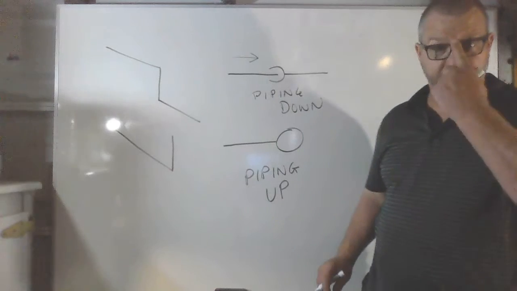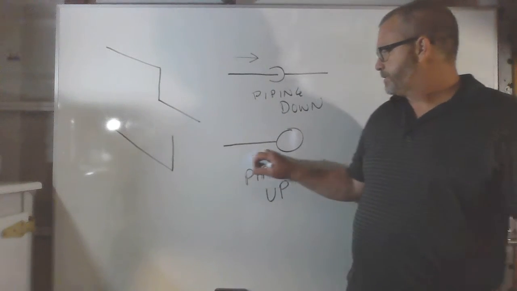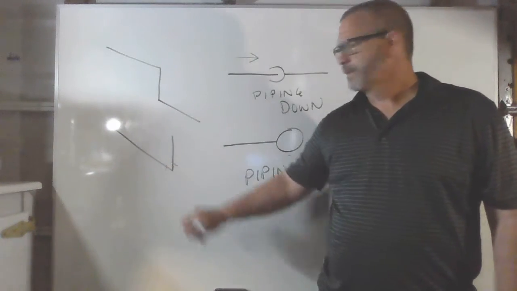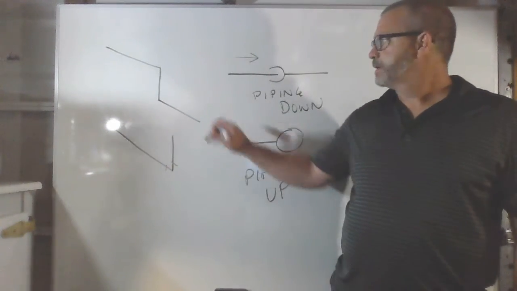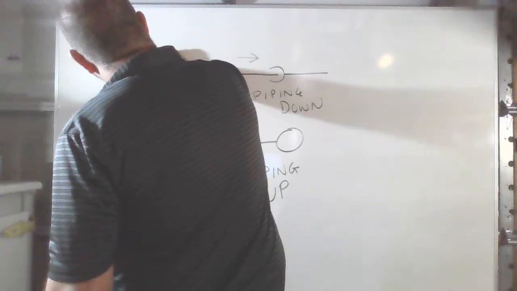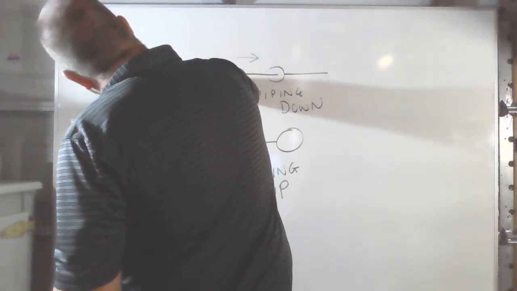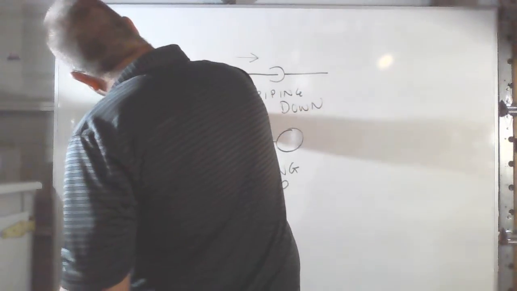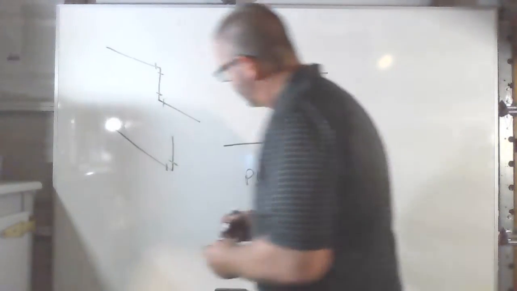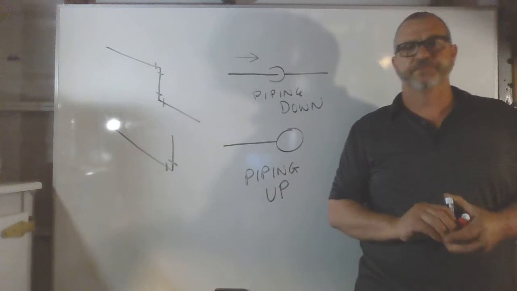Okay? This is just a 90 going up. It's just a 90. This is a couple of 90s because you're 90ing down, 90ing over. See?